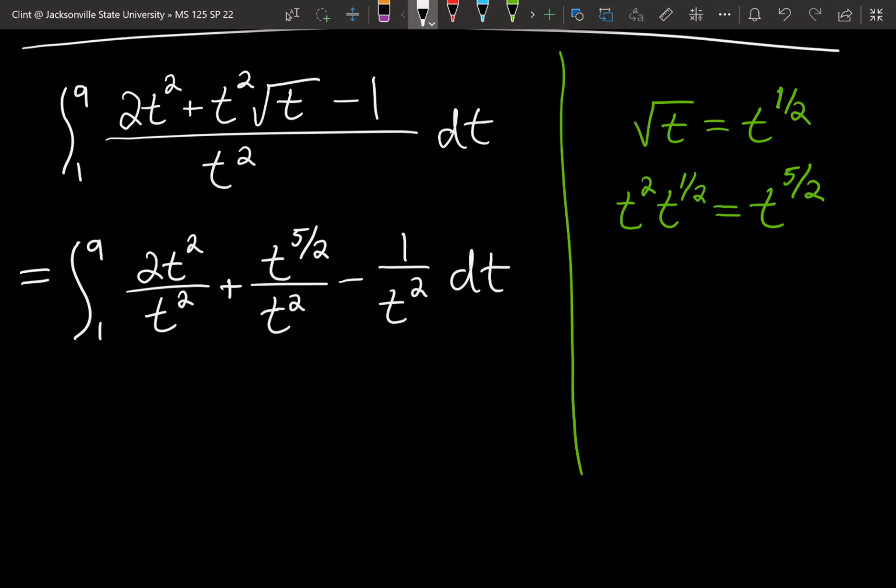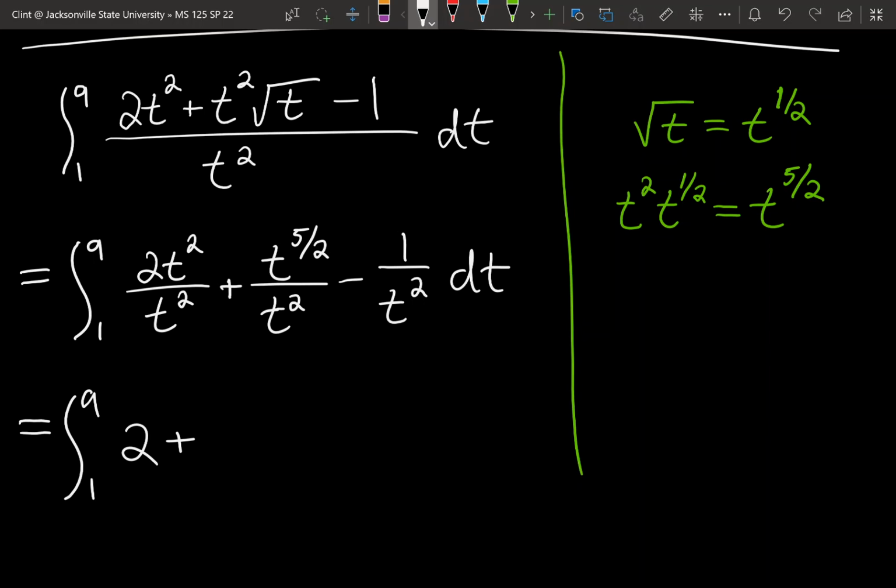And then we can do the division, right? Or we can just use our exponent rules if you want to think about it like that. t squared over t squared, that cancels. The middle one's a little bit of a headache again. What's our exponent rule if we've got a term on top and bottom?